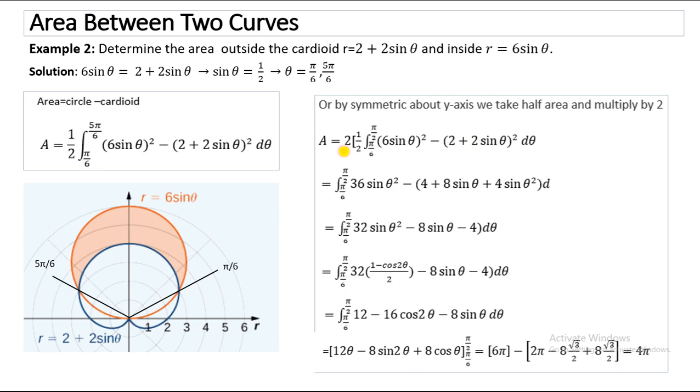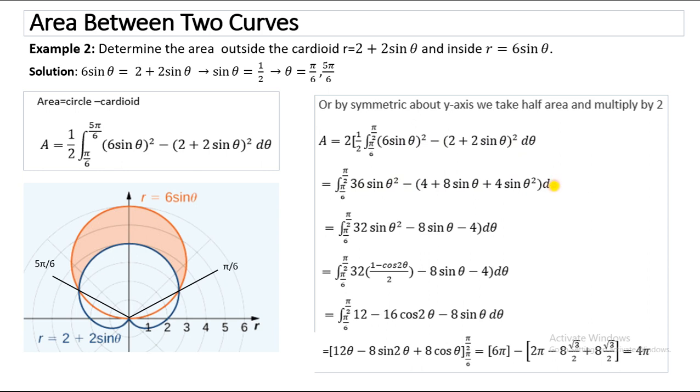The area equals one half times the integration from pi over 6 to pi over 2 of (6 sine theta) to the power 2 minus (2 plus 2 sine theta) to the power 2 d theta. Open this and this: 36 sine square theta minus 4 plus 8 sine theta plus 4 sine square theta d theta.